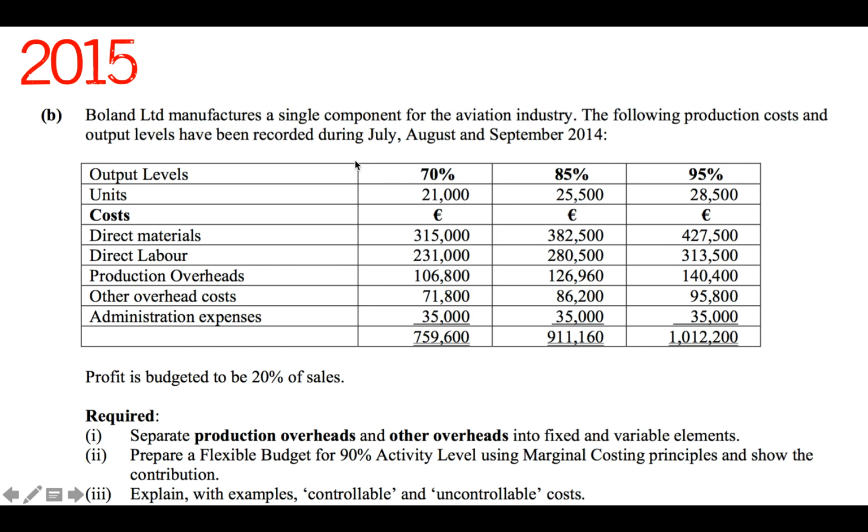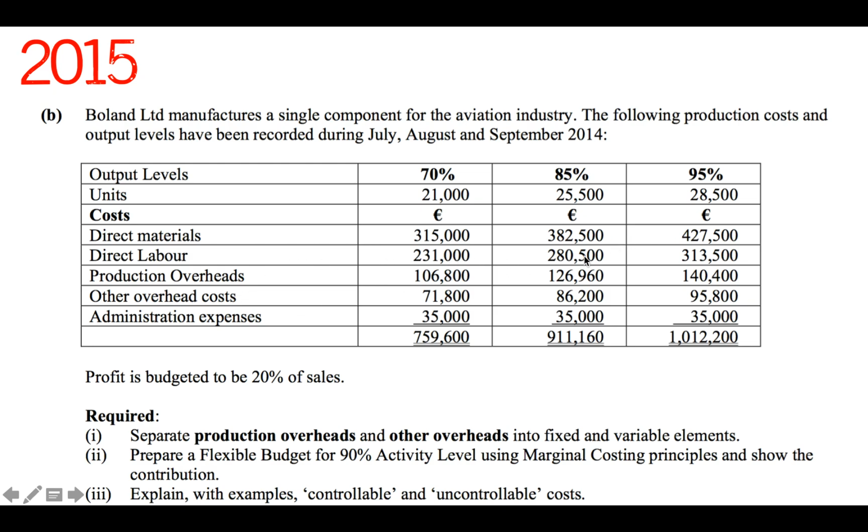and September. So the output levels, the different output levels: 70% in July, 85% in August, 95% in September, and the units are there underneath. So the units: 21,000 at 70%, 25,500 at 85%, and 28,500 at 95%. So the direct materials at 70%, 315,000, 85%, 382,500, and 95%, 427,500.